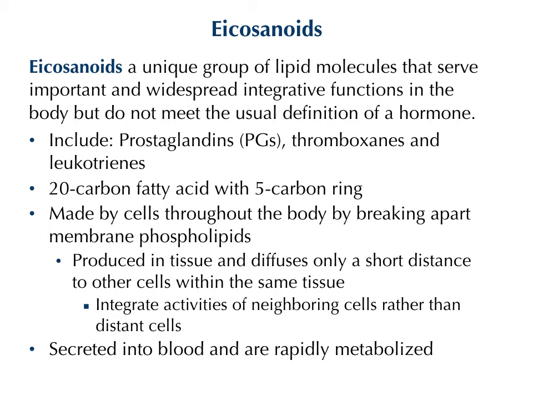Okay, eicosanoids are compounds that are a unique group of lipid molecules, and they serve important and widespread integrative functions in the body. They don't meet the usual definition of a hormone, and that's why we call them tissue hormones, because they act locally in the tissue.